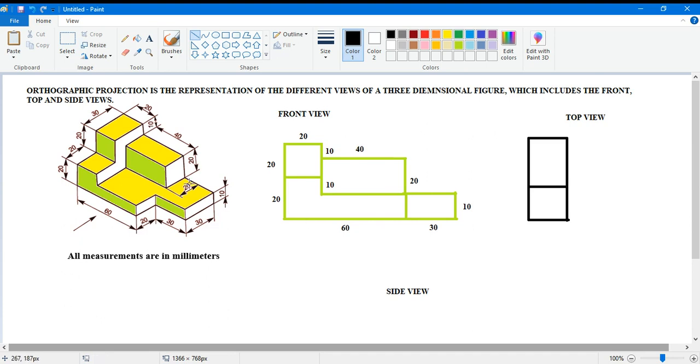What I have done here is this part, and this part here, the 30 and the 20. I still have this part here which I need to continue this line up to right here. I can say I do this part again.